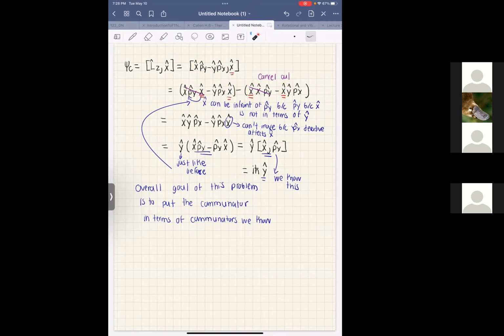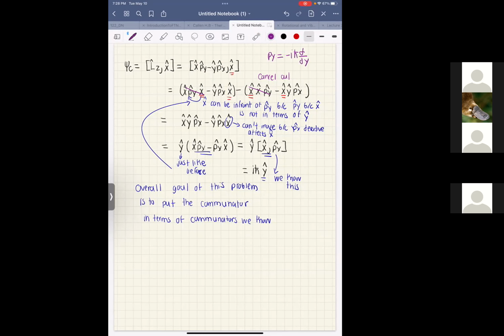Now the trick to this question is the momentum. The momentum operator p of y is equal to negative h bar times the derivative in terms of y.